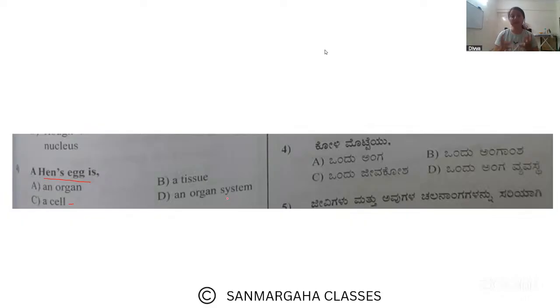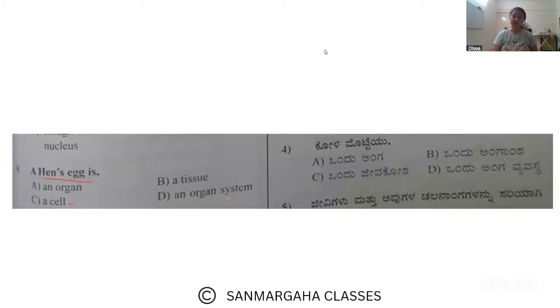Right, so many organ systems we have from head to toe, right? The nervous system, circulatory system, right? All these things are organ systems. So what are these organ systems made up of? These organ systems are made up of organs. Like for example if we have to take the digestive system, what are the organs that make up the digestive system?